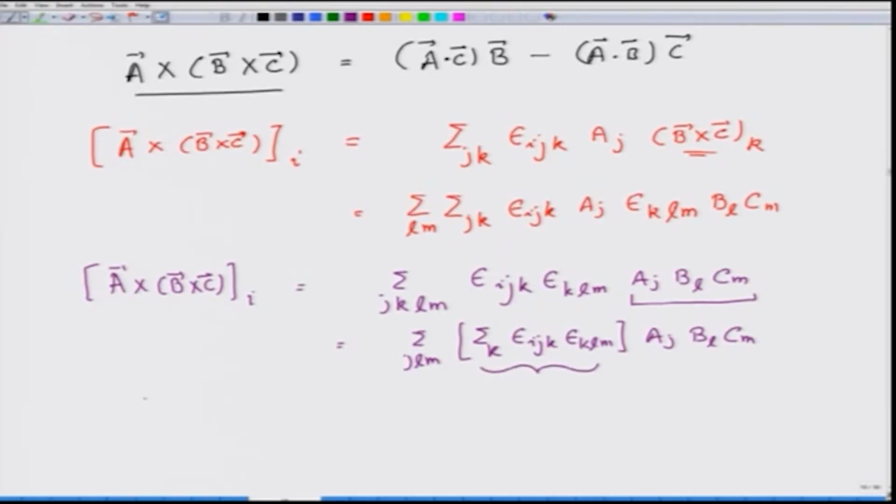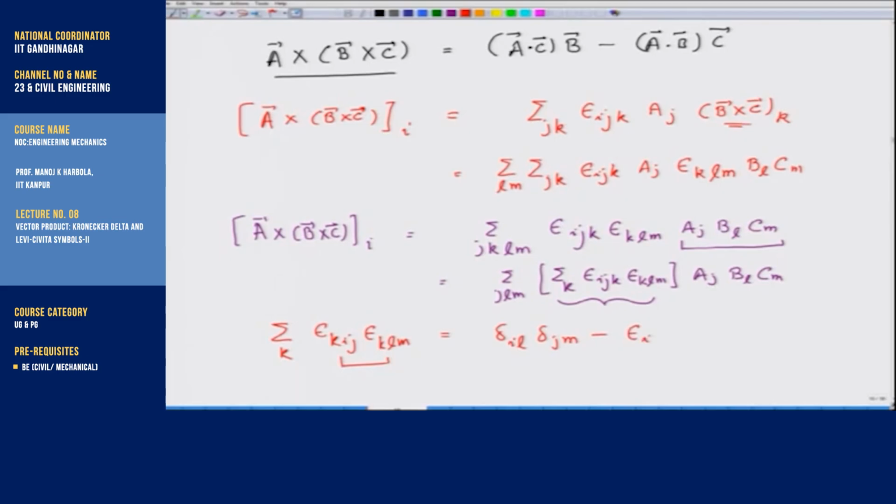Now, I know already, I gave you a property that epsilon_kij epsilon_klm summed over k is nothing but delta_il delta_jm minus delta_im delta_jl. First, the direct terms, delta_jm minus epsilon_im epsilon_jl.